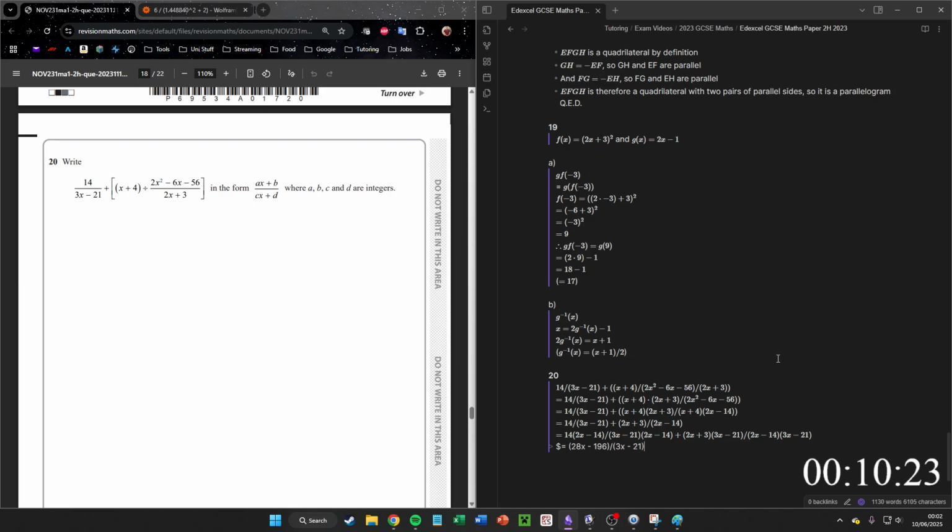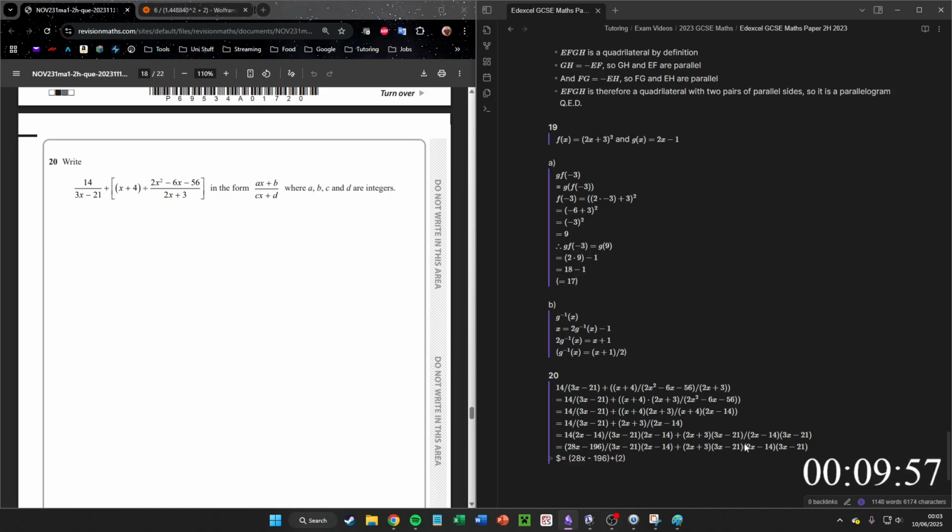3x minus 21, 2x minus 14, 2x plus 3, 3x minus 21, 2x minus 14, 3x minus 21. We have a common denominator. We can add these fractions together to make one horribly ugly fraction. 28x minus 196 plus 2x.